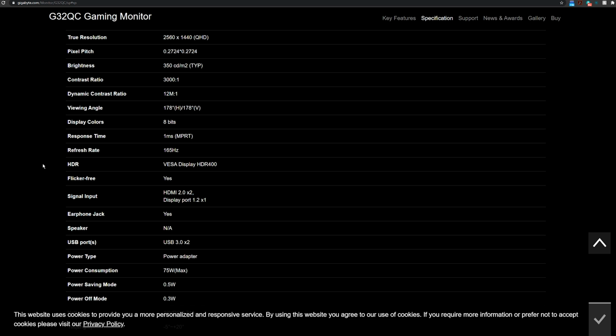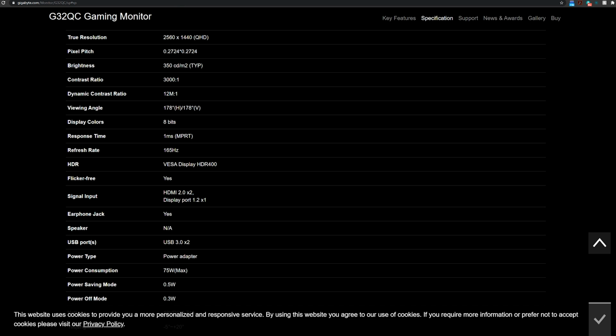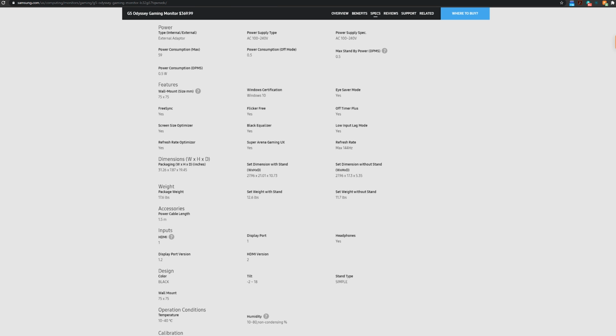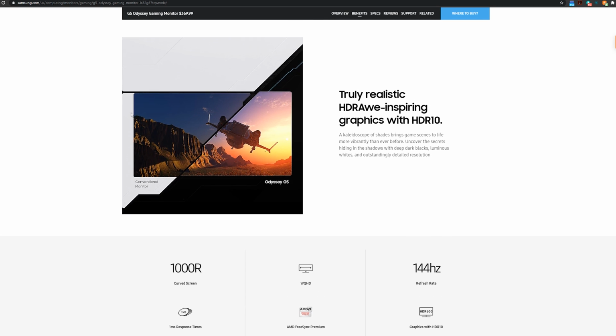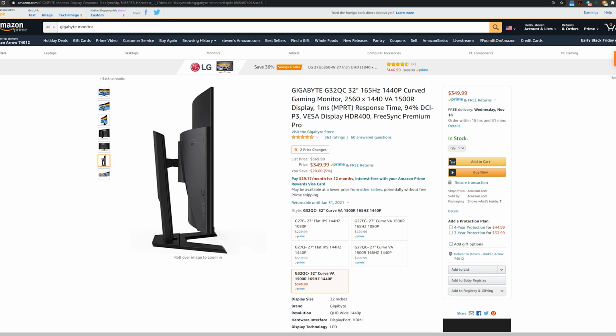This also comes with extra USB ports. It has 2 USB 3.0 ports. The G5 does not, right? Not like the G7 that actually has 2 USB ports. So, and I mentioned that they're both FreeSync Premium. So with this, it is boiling down to what do you want?